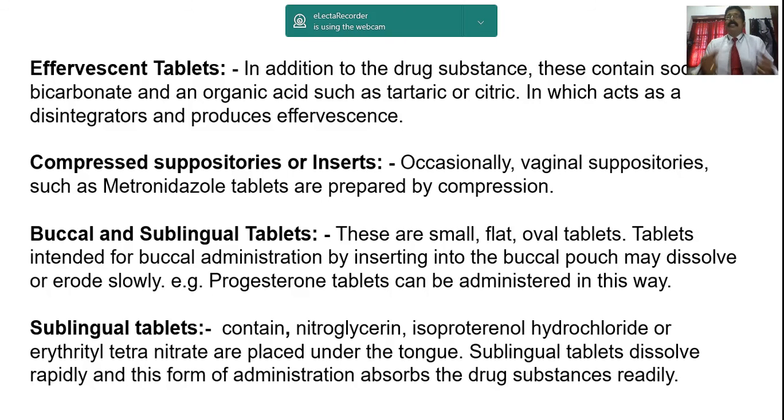For example, you can take sodium bicarbonate, and when it is added with any type of organic acid like citric acid or tartaric acid in the presence of water, carbon dioxide will be evolved. Automatically there will be effervescence and it will break the tablet and it will be easily solubilized. So the tablet is called an effervescent tablet.